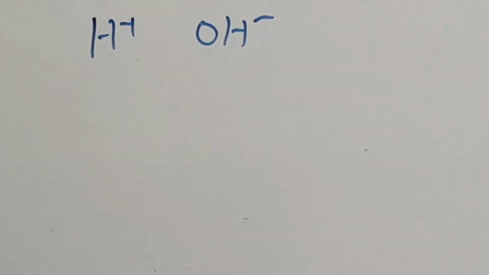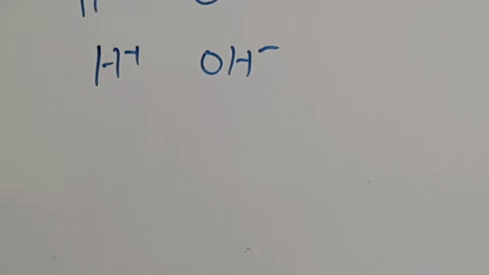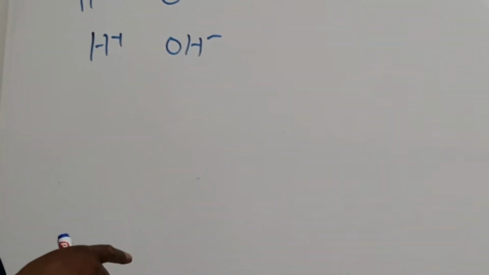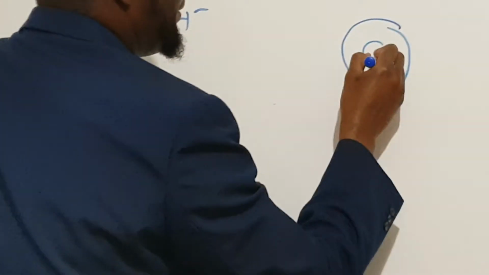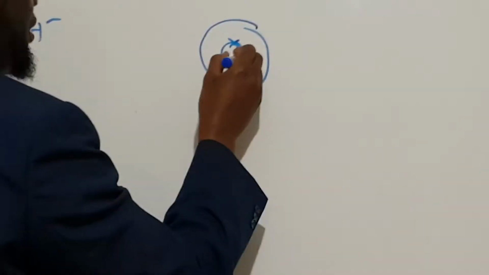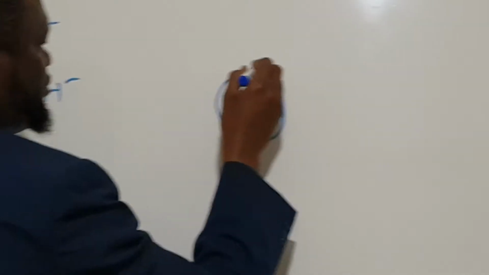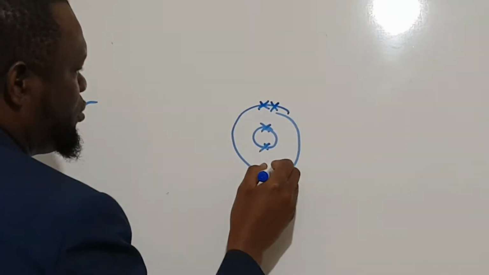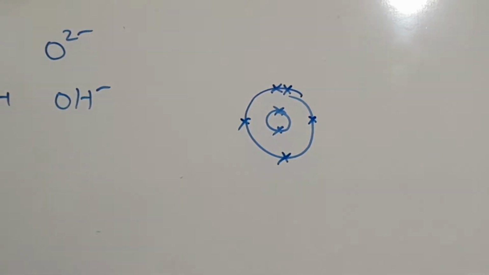Why? Let's see. We know that in a compound the protons and electrons may cancel each other. Now look at OH minus. Say this is our oxygen, with 2 here, and 1, 1.